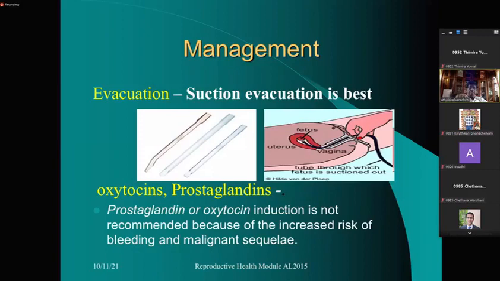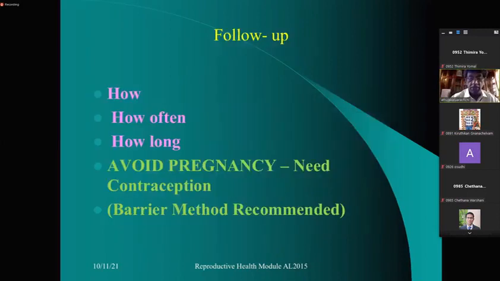But here, using any kind of drugs to stimulate the uterus is not recommended, because once the uterus starts contracting, these abnormal proliferated placental tissues can embolize, especially to the lungs. So try to avoid uterine stimulants, and evacuate the uterus with the suction curette. But of course, when you have completely evacuated the uterus, you may be able to use some uterine stimulants.